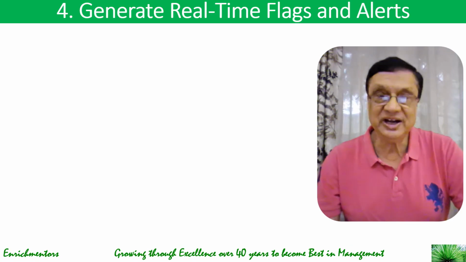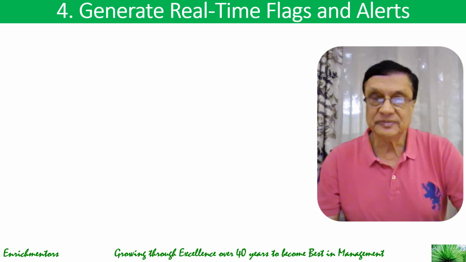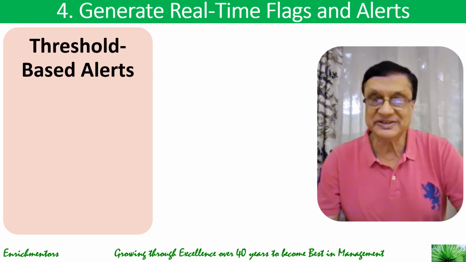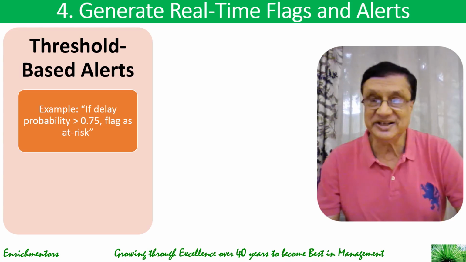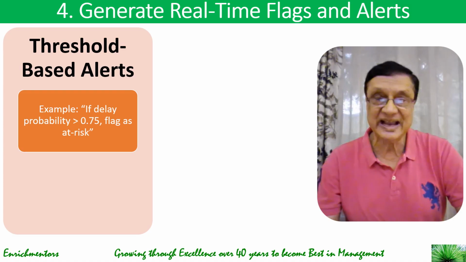Then you generate real-time flags and alerts. Here are some examples of threshold-based alerts. If the delay probability exceeds 0.75, the AI can flag it as at risk. So that's an example of a threshold setting.